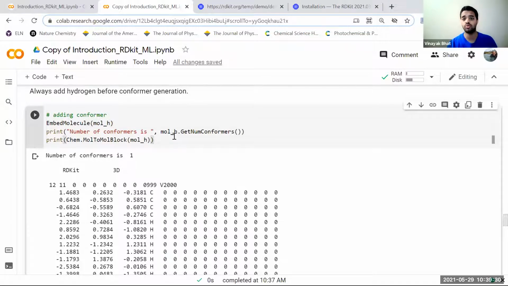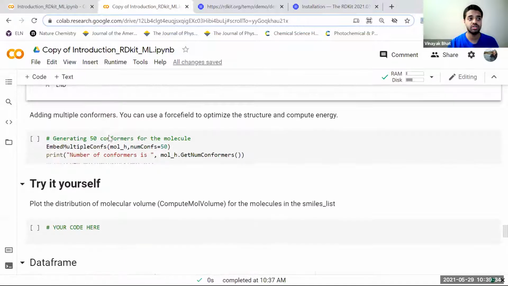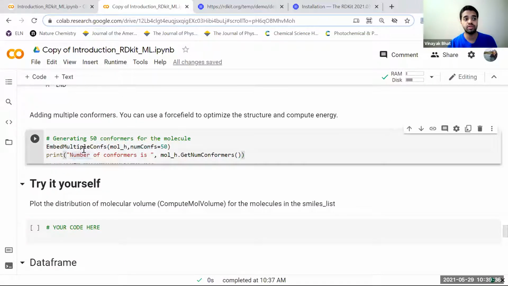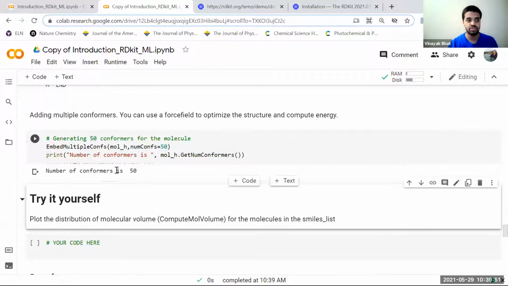It may or may not be stable when you say embed molecule. In the other case, what you can say is embed multiple conformers. So pass in the molecule object, which is mole H that we generated with hydrogens, and say we want to generate 50 of those conformers. And if you do that, you'll see there are 50 conformers in this.